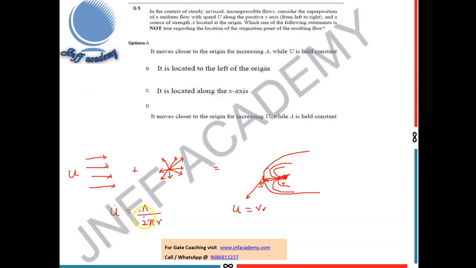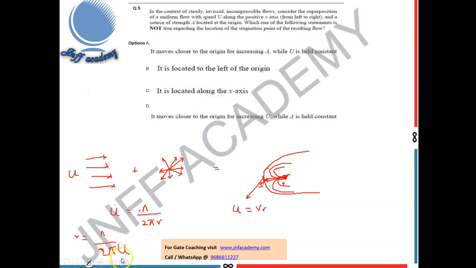If both of them are equal, then at that point r becomes your stagnation distance. So from here, if you derive r, r is equal to gamma by 2 pi capital U.